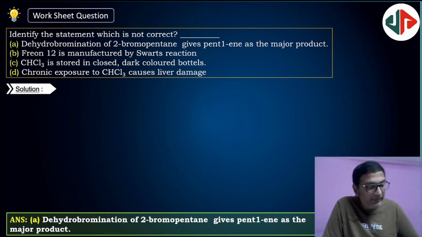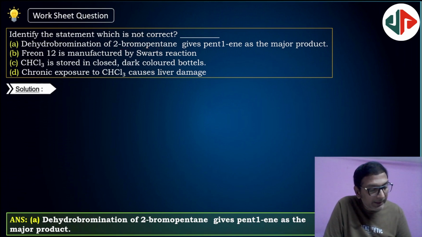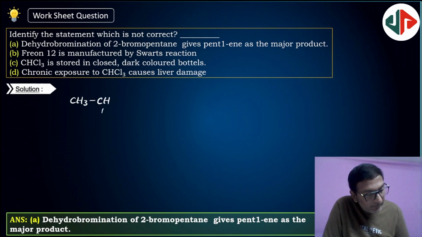Identify the statement which is not correct. So dehydrobromination of 2-bromopentane gives 1-pentene as major compound. So that is only wrong. Simply 2-bromopentane. 2-bromo. Here CH2, CH2, CH3.